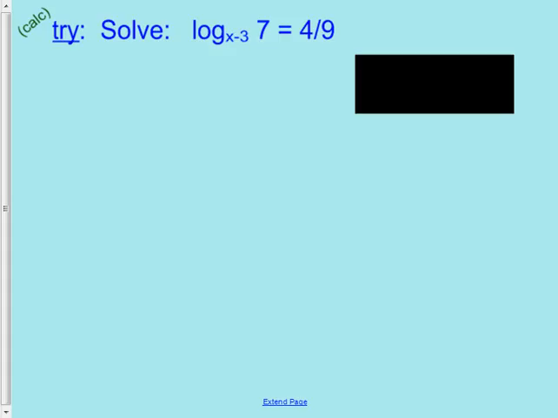And some of you are going to be too smart for your own good. We'll see if you can understand what I mean when we're all done. Try to get the answer. I'm going to pause. It does say calc on there, so yeah.